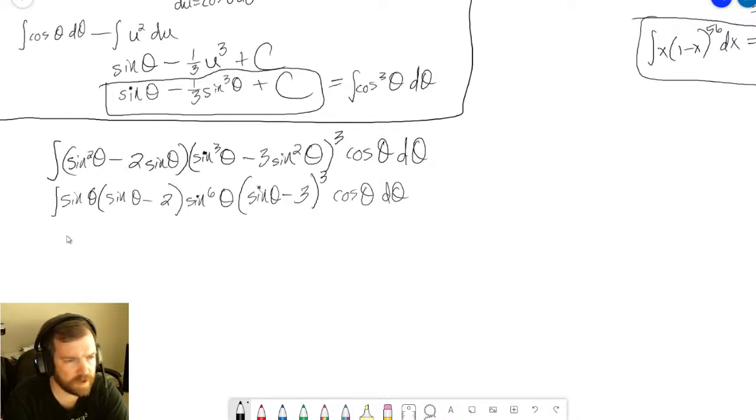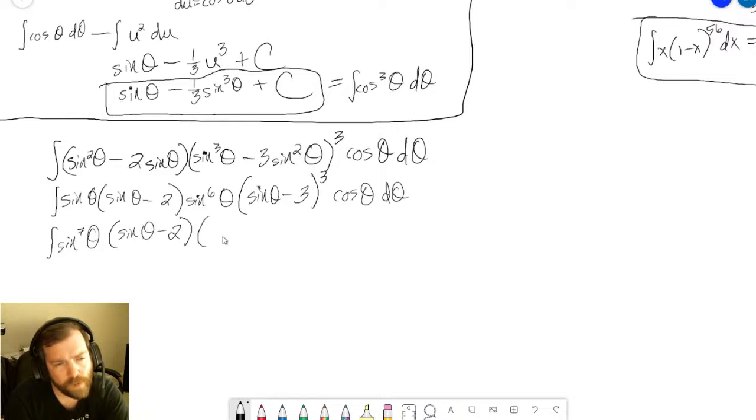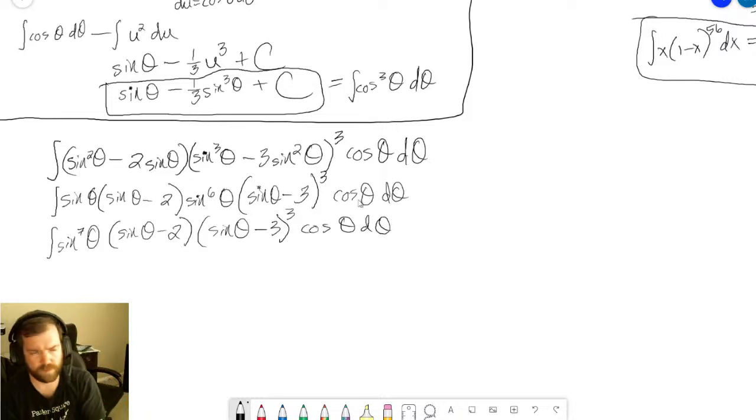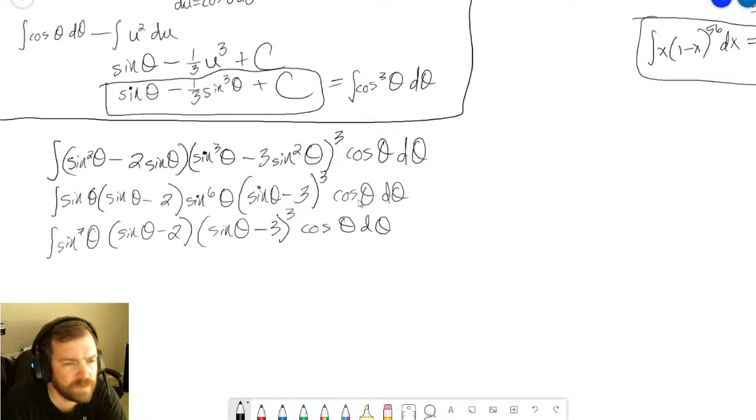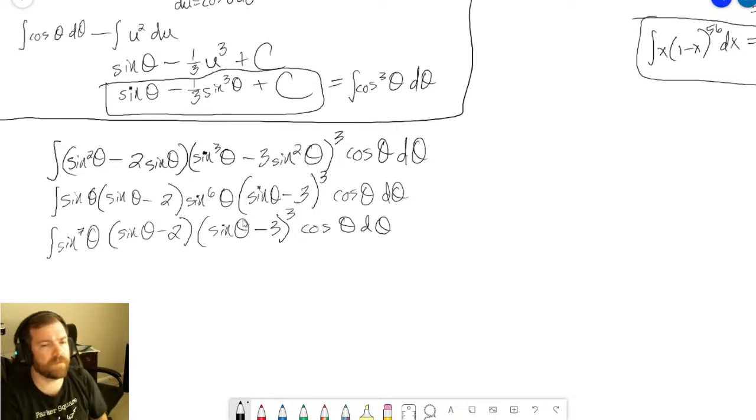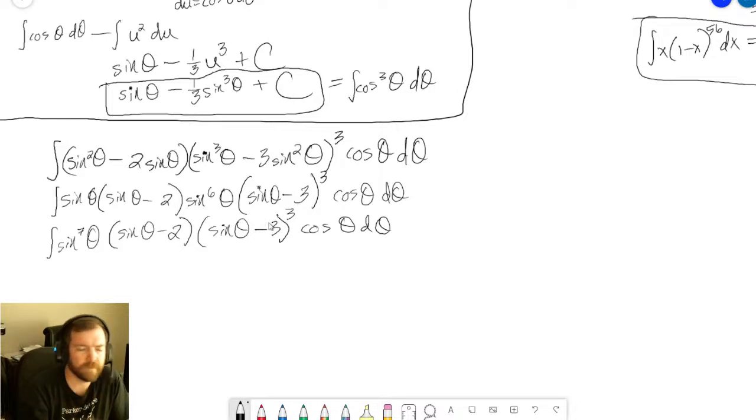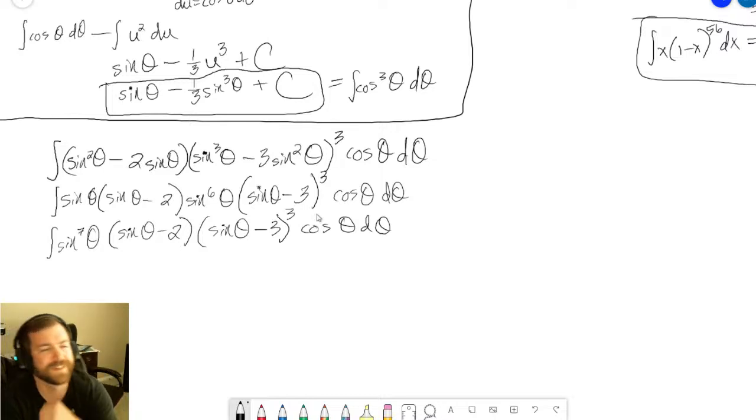Here these two terms can combine. Here, I might have to actually just multiply everything out, as much as I hate it.